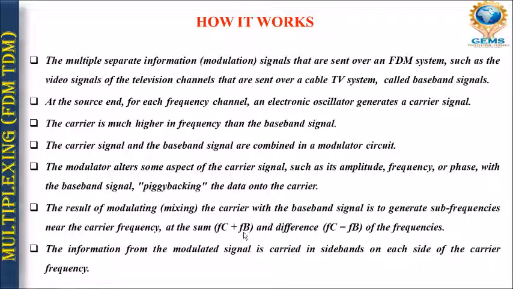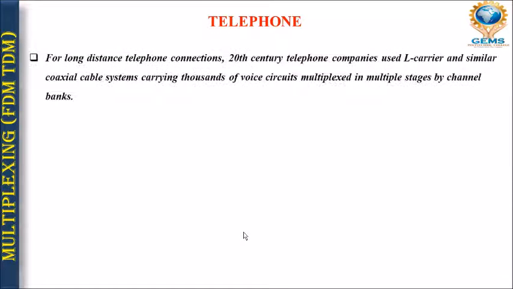So let's talk about the telephone system. For long distance telephone connections in the 20th century, we used L carrier, which is similar to a coaxial cable system carrying thousands of voice circuits multiplexed in multiple stages of channel banks.